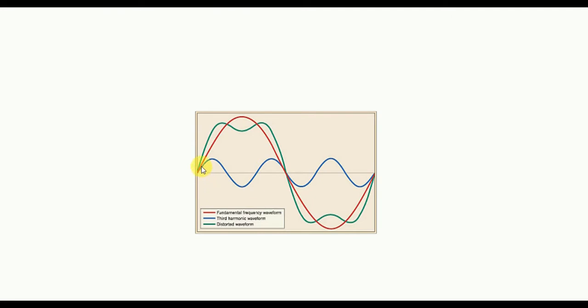So the sine wave will be like this green one. This distortion is called the harmonic. This harmonic is dangerous, so this is one of the disadvantages of compact fluorescent lamps.